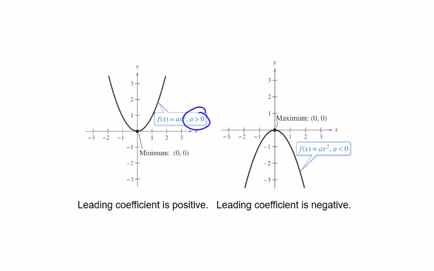And so we can see if a is positive, if the leading coefficient, or the number in front of x squared, is positive, then it's going to be facing upward, right? And if a is greater than 1, it's going to stretch it vertically, so it's going to look thinner, right? Or if a is between 0 and 1, if a is a fraction, it's going to compress it vertically, right?